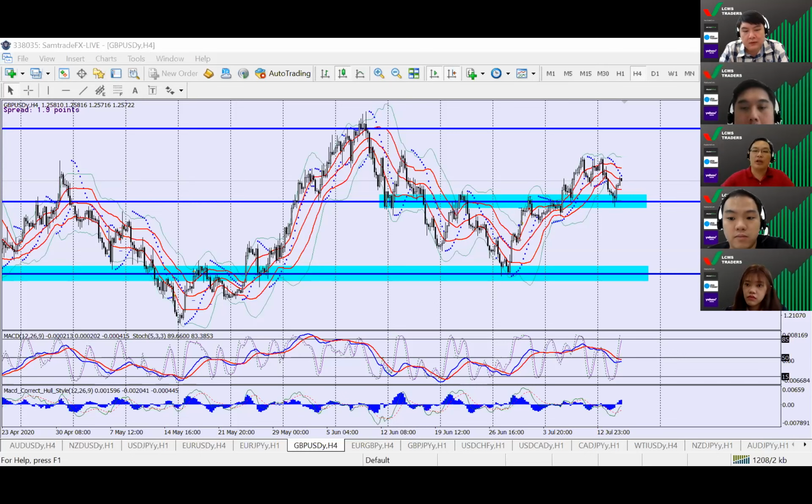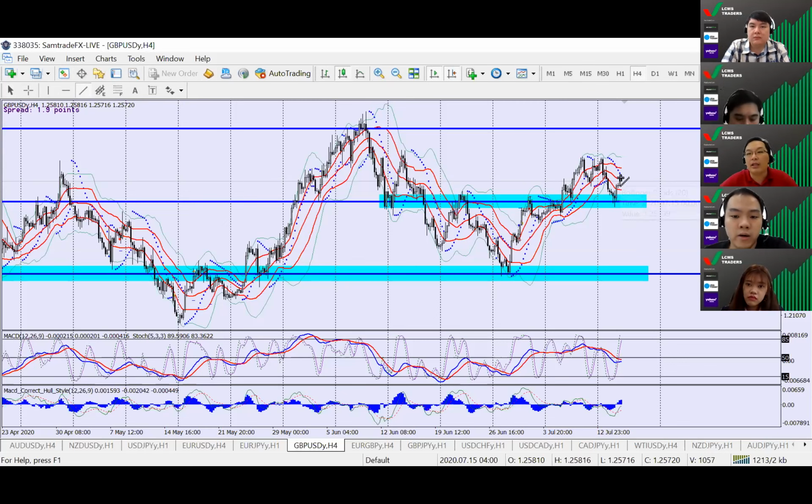So I'll be looking at a downward move from pound USD still. Looking at this one, perhaps right now still looking at US dollar a little bit weaker. So what will likely happen is it may just move up a little to maybe test this previous high before it actually will probably come back down.